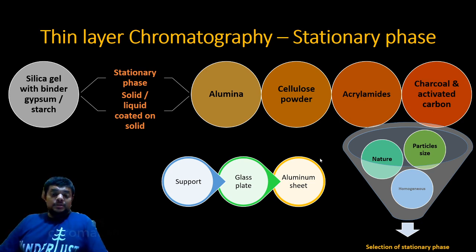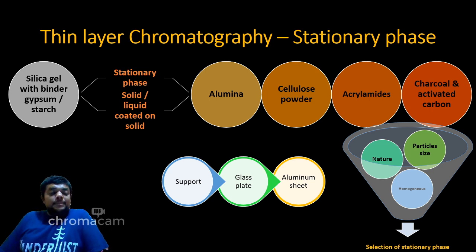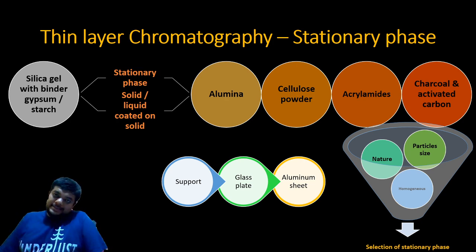Now comes the question: if you are using these types of solid stationary phase in the TLC separating technique, what are the positive points they have? All these materials differ in their particle size. They are very minute in their particle size, up to a few microns, and hence it plays a very important role in separation science.